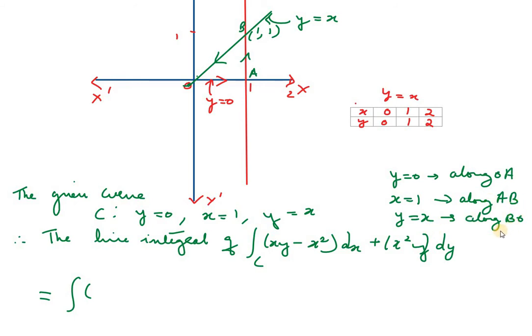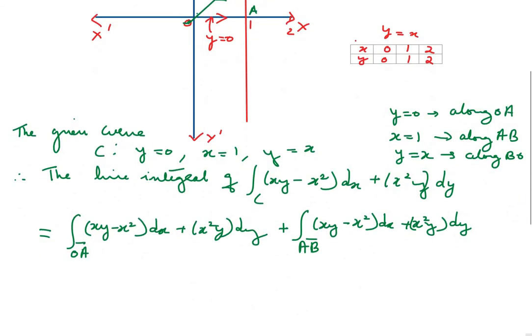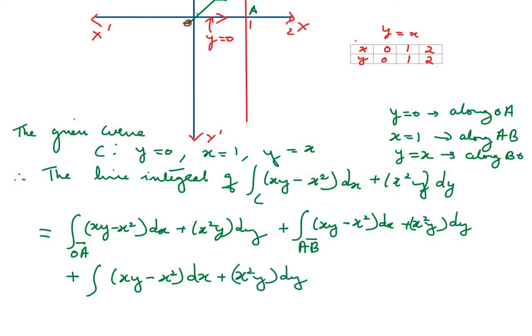So you can split it into three parts. (xy minus x squared) dx plus x squared y dy will remain as it is along OA, the first one, plus again the integral of (xy minus x squared) dx plus x squared y dy along AB, and then the last one will be plus the line integral of (xy minus x squared) dx plus x squared y dy along the curve BO.